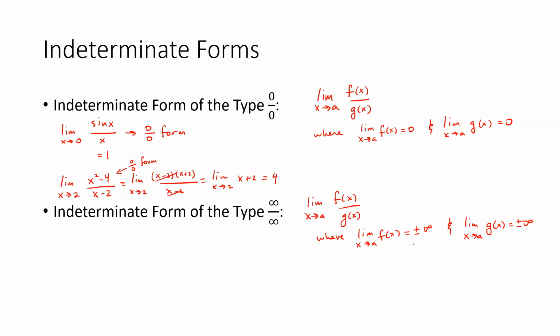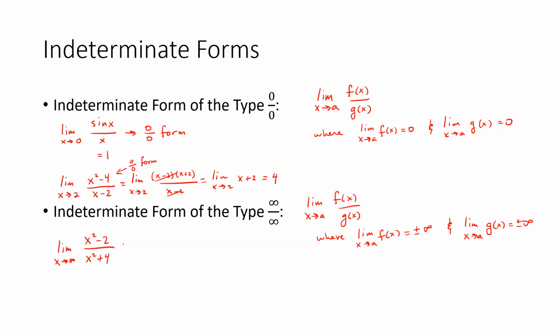It could be positive or negative infinity. An example of this might be the limit as x approaches infinity of x squared minus 2 over x squared plus 4.